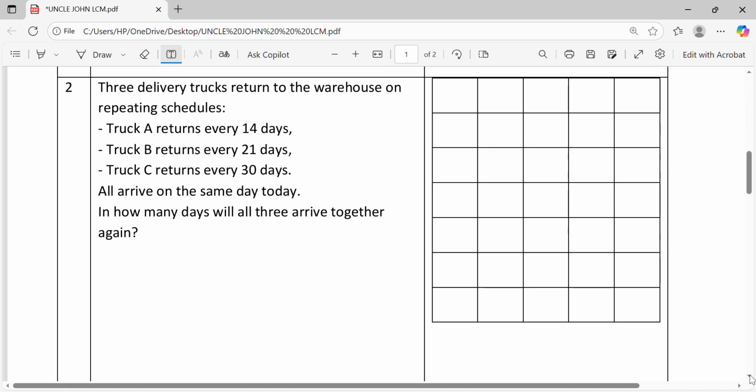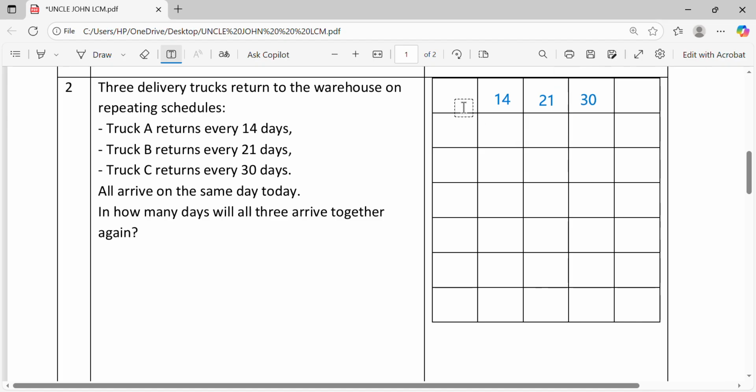Let's use the table method. The table method is quite simple. It doesn't take us to find multiples of each number. I'll put 14 here, 21 here, and after that, 30 here.